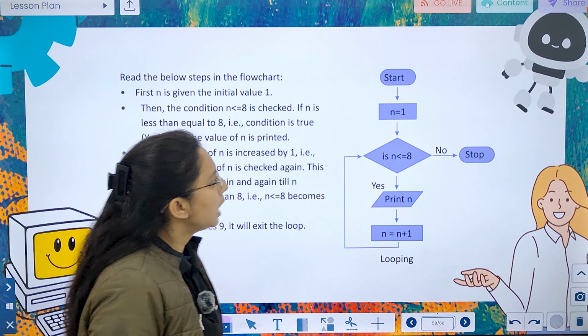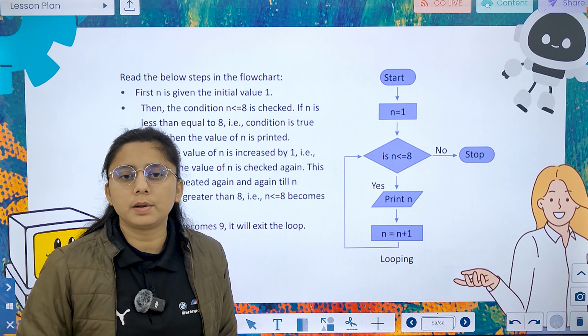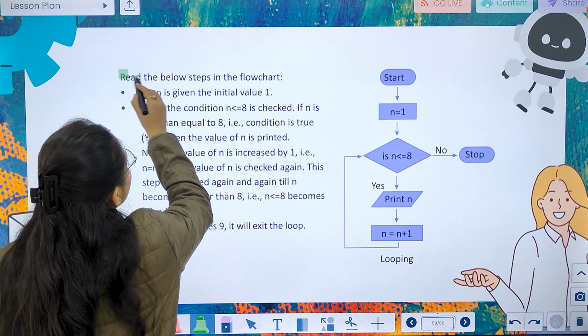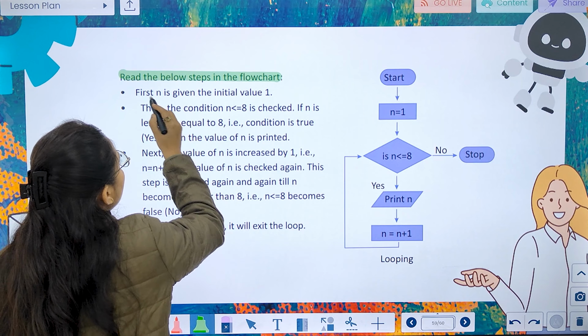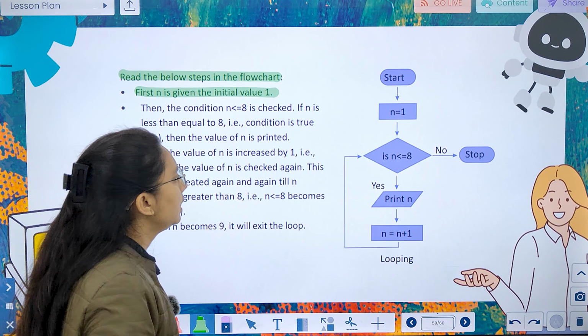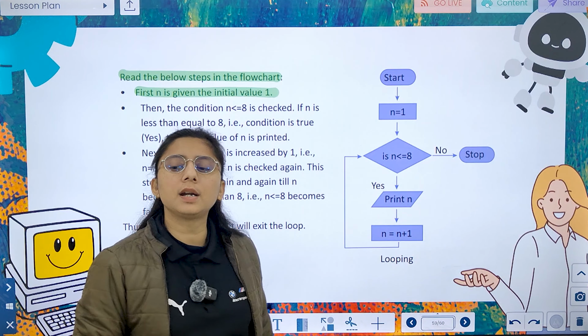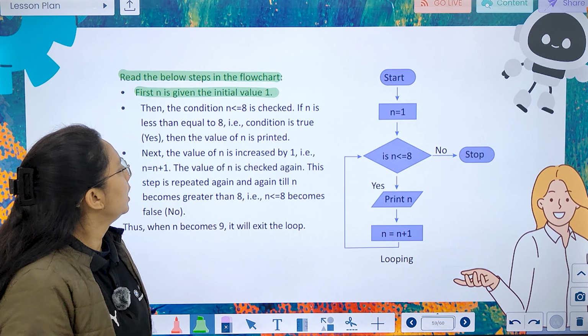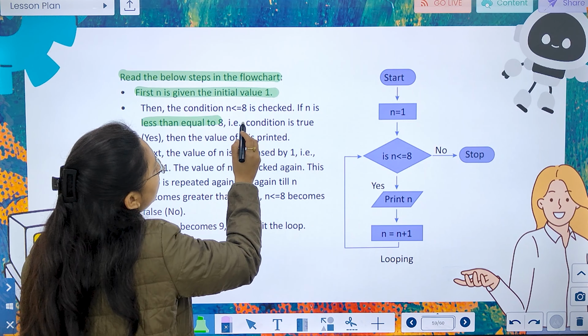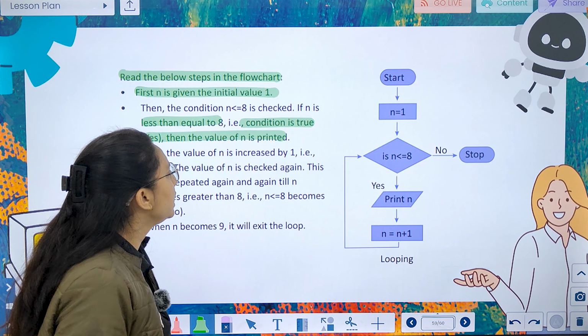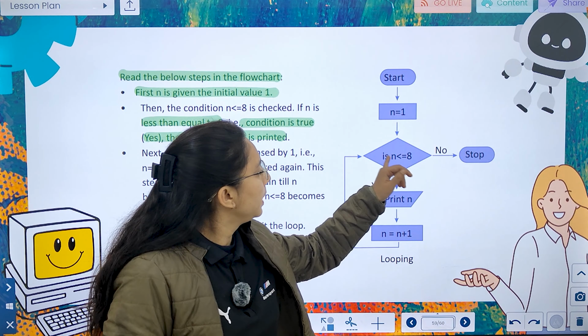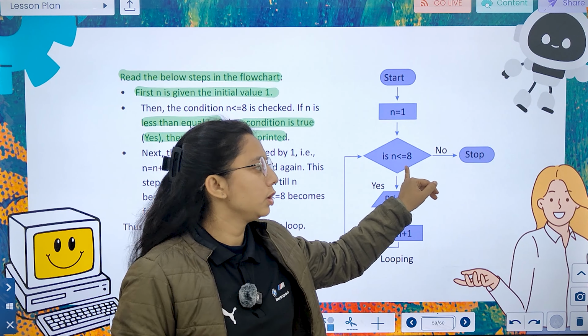Now we will print the first 8 natural numbers. Read the steps in the flowchart. First, n is given, and your initial value is 1. If the condition is true, then the value of n will be printed. Is n greater than or equal to 8?